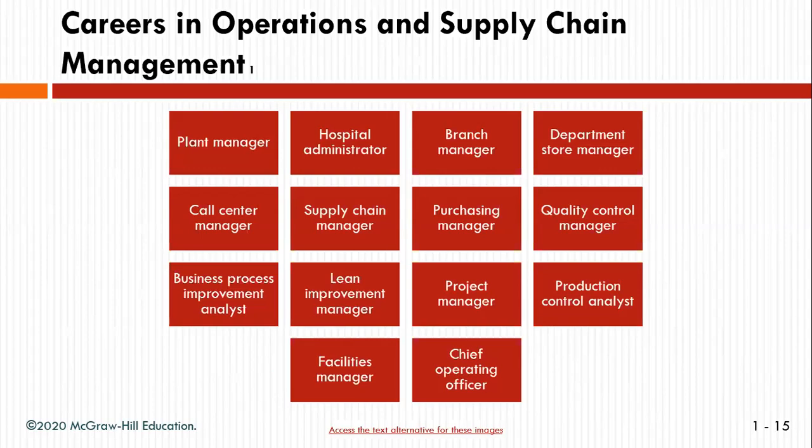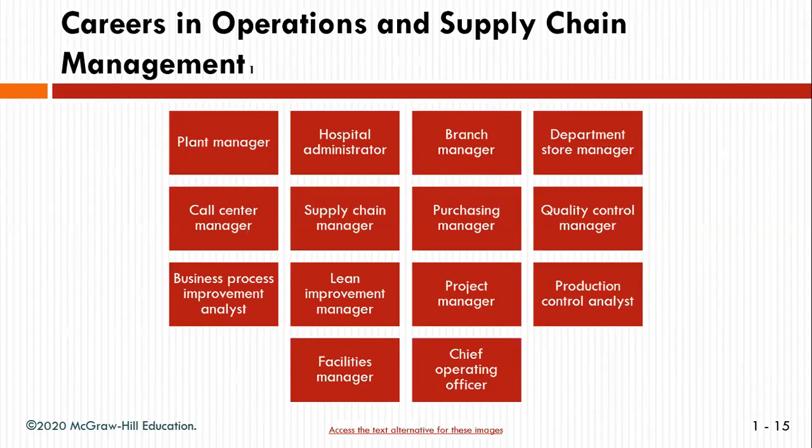Others include hospital administrator, branch manager, department store manager, call center manager, supply chain manager, purchasing manager, quality control manager, business process improvement analyst or BPM, and the lean improvement manager. These are all jobs that belong to operations and supply chain.